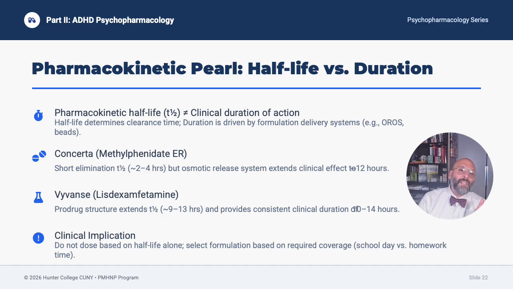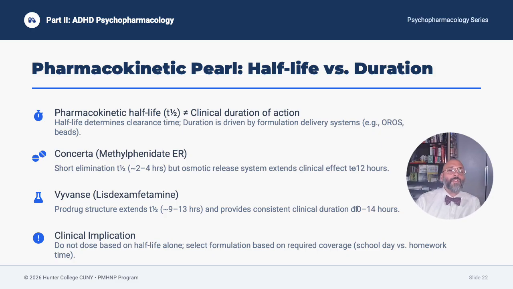So the clinical mistake to avoid is: do not say this drug has a long half-life, so it must last all day. And do not say this drug has a short half-life, so it'll cover school hours. Those assumptions can be wrong more often than they're right. So the right question to ask is this: what coverage does this patient actually need?